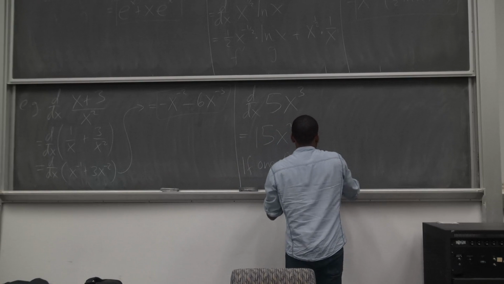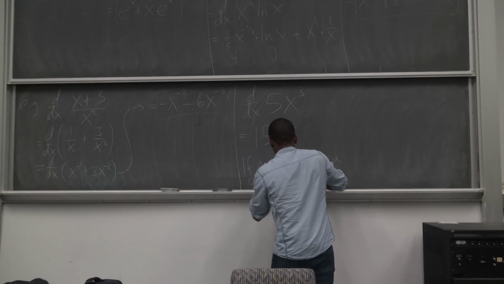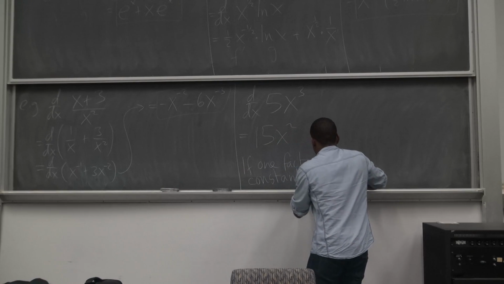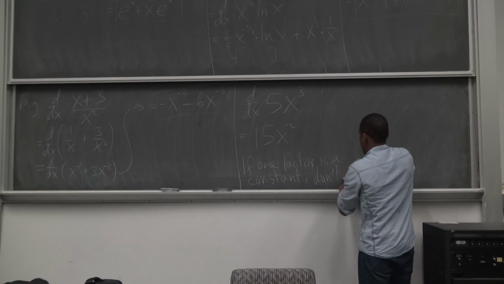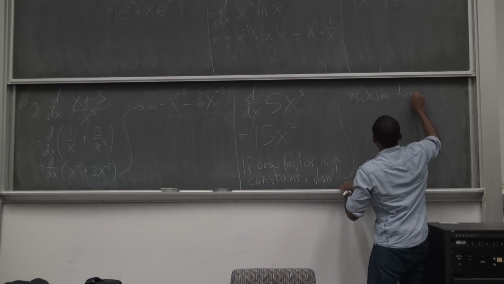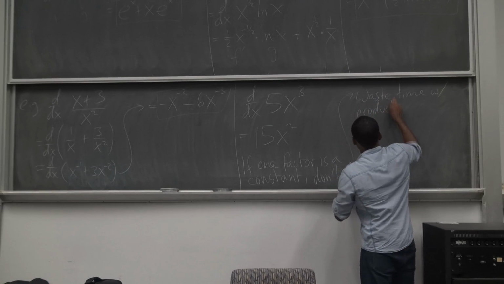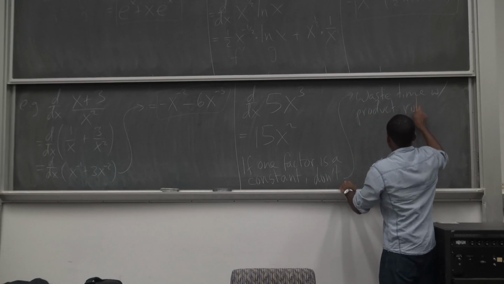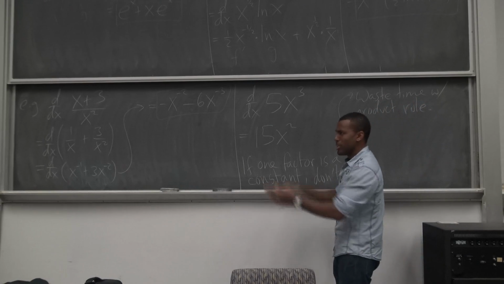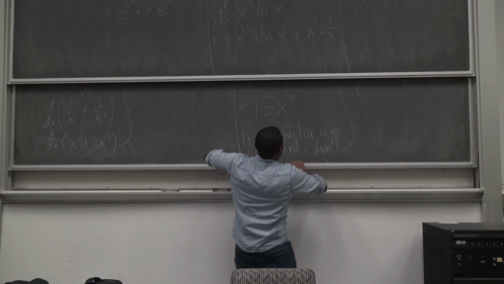If one factor is a constant, don't waste the time on the problem. Just factor out the constant, do what you did before. Sometimes students have a tendency, once they learn something new, they forget what they knew before. Just want to make sure that you guys are doing it.